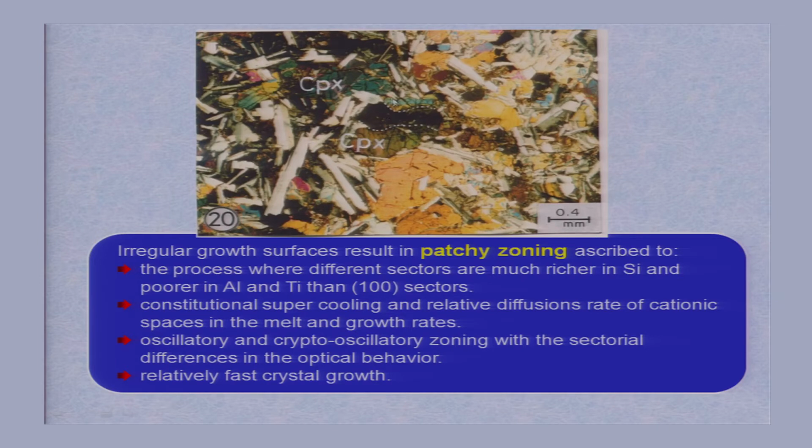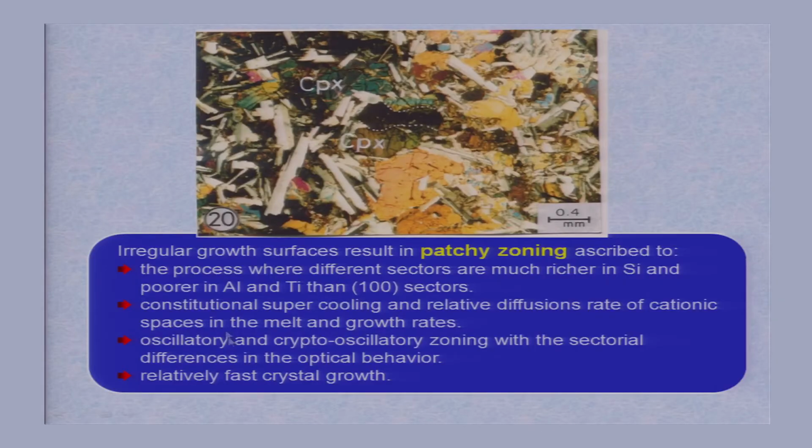When you rotate the stage, you may find this crystal behaves optically differentially. And the last implication is relatively fast crystal growth. This kind of patchy zoning is attributed to fast crystal growth. If you find such features in any unknown rock, these are the four important reasons that may contribute to the formation of this rock.